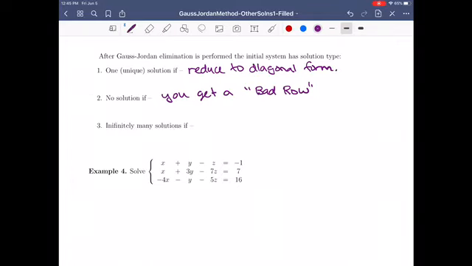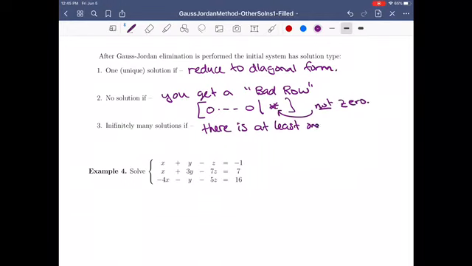So you get a bad row, that looks like all zeros, and then your line, and then a number that's not 0. You get infinitely many solutions if there is a free column, at least one free column.